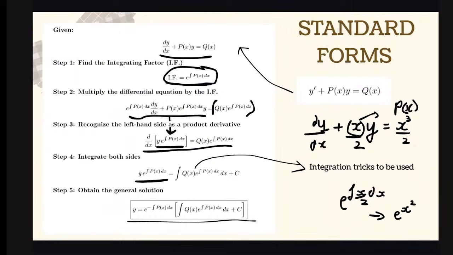I hope that's clear. And this might not even be solvable. You never know, this integral might not be solvable. Finally, q(x) will be x cubed by 2, and this will be e power x squared dx. But do you think this is solvable?